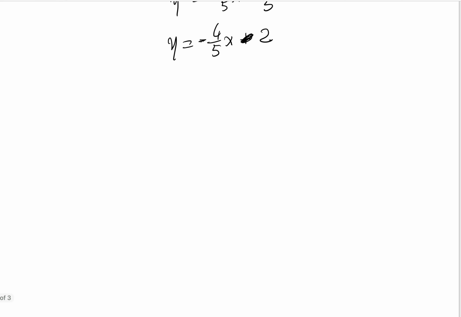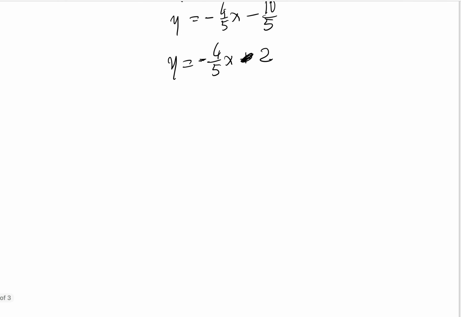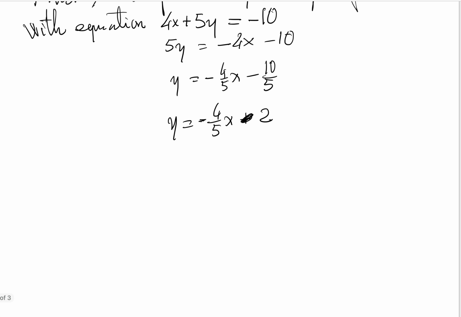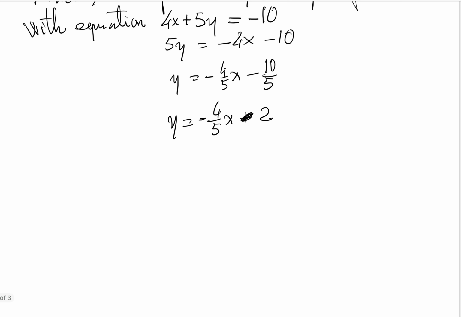This one is your equation. And the equation is called slope-intercept form. Okay. What's a slope? The slope is nothing other than -4/5. That's your slope.